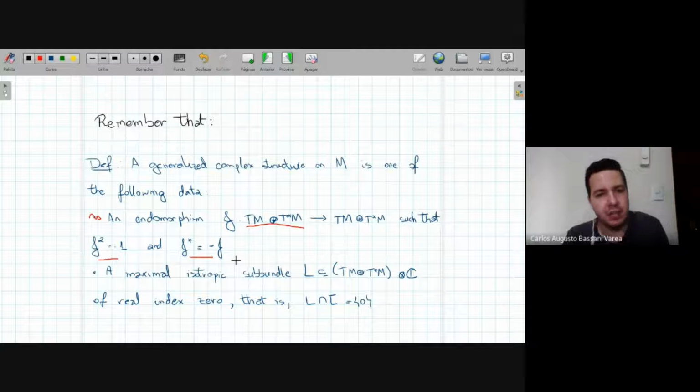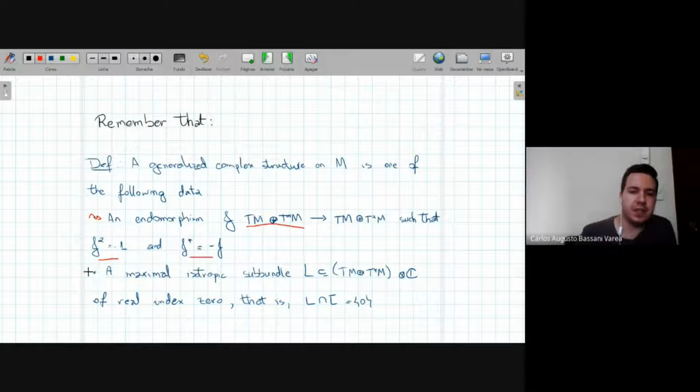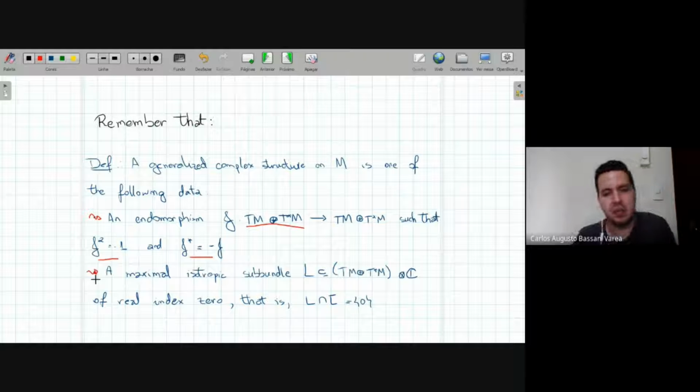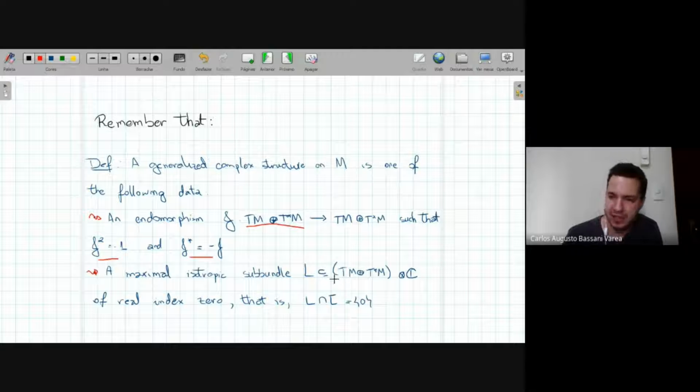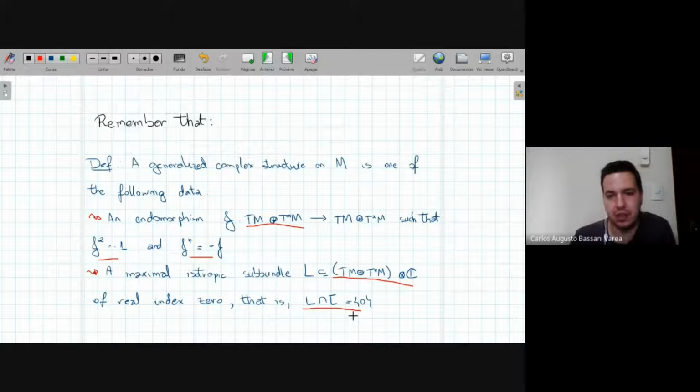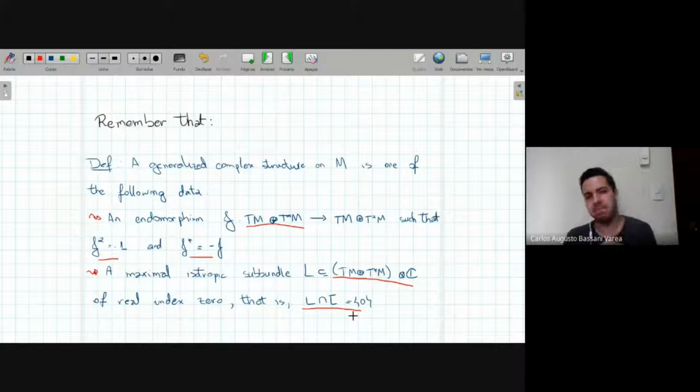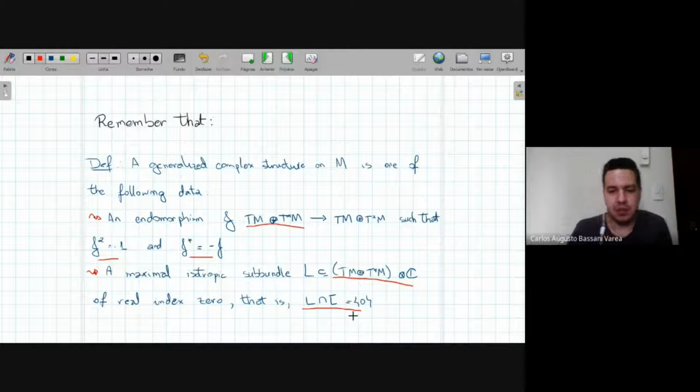And another way is by means of a maximal isotropic subbundle, no longer on the tangent plus the cotangent bundle, but now in its complexification, satisfying the condition of real index 0, which means that L intersection with its conjugate is 0. Okay, so this is the definition that we use today.